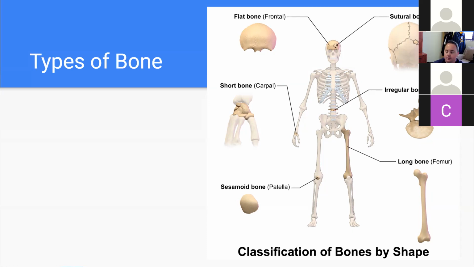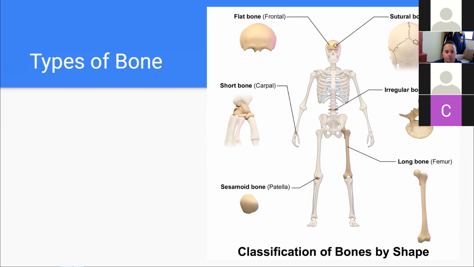Sam, what did you put for the tarsal bones? I didn't get that far. Okay. Who wants to tell me what the tarsal bones are? Is it a short bone? Yes, they are short bones. Okay. Your tarsals are the back portion of your foot and your ankle.